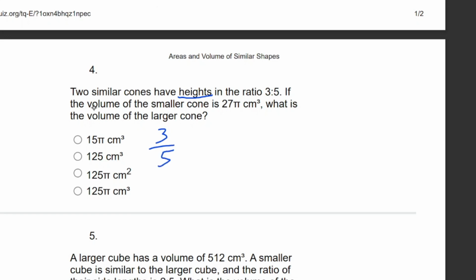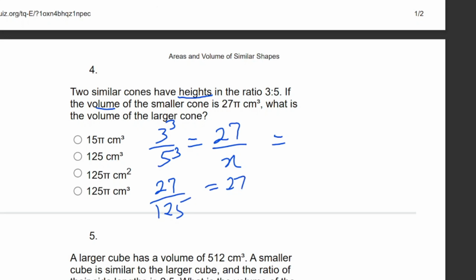And for volume, we cube this. The smaller one is 27, and we're looking for the bigger one. So 3 cubed is 27, all over 125, equals 27 over x. Don't forget there is pi beside this one, so our answer will still have pi at the end.